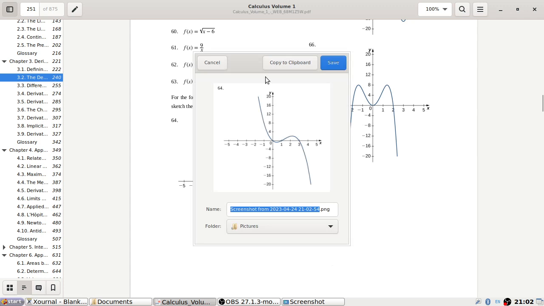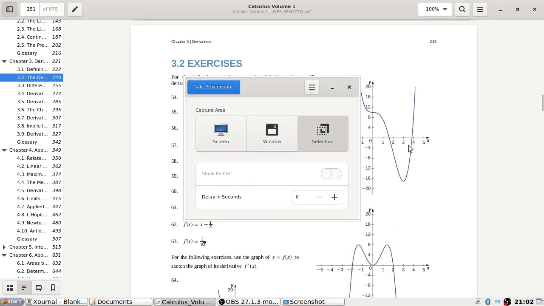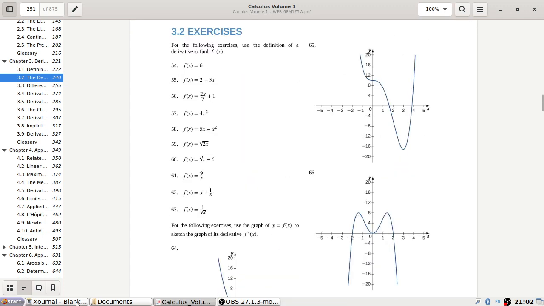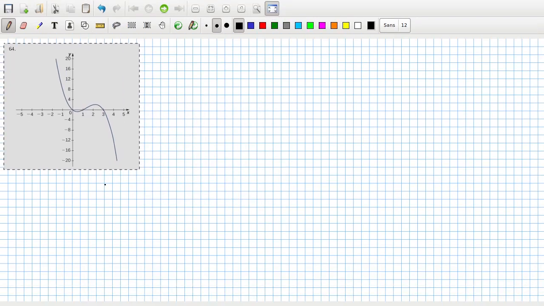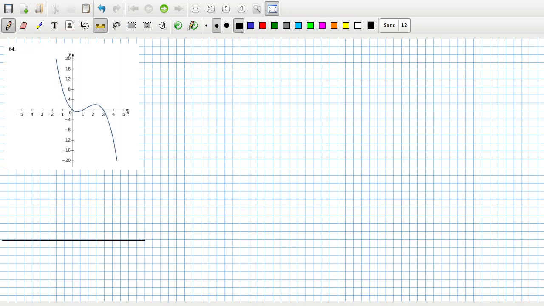So, 64. Right, it's going to be a very crude sketch. The derivative is the slope.